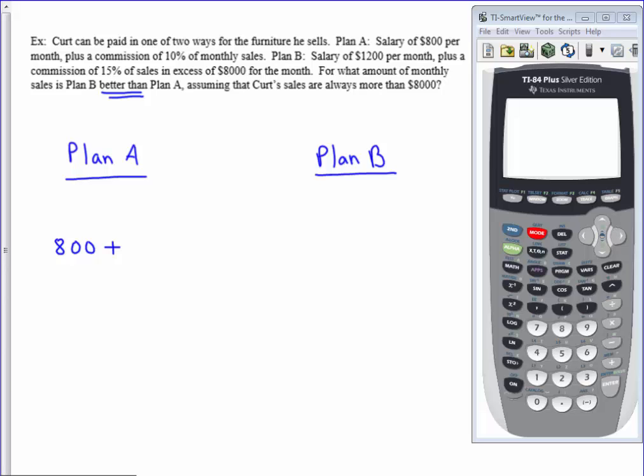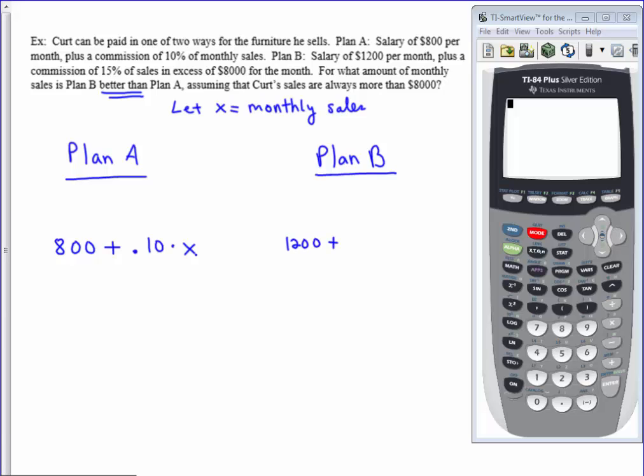We do know that they're always more than $8,000. So up at the top, let's let X equal his monthly sales. Doing that, Plan A would be the $800 plus 10%, so 0.10, times the monthly sales, which would be X.